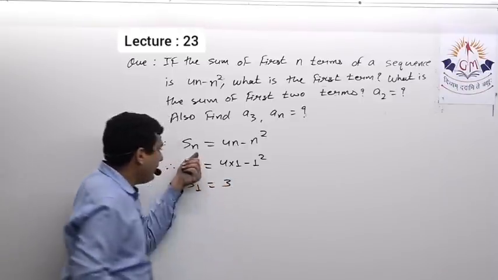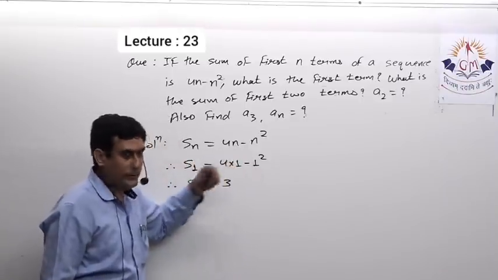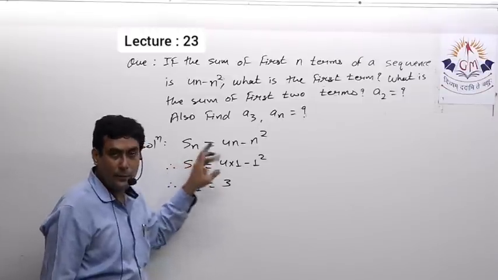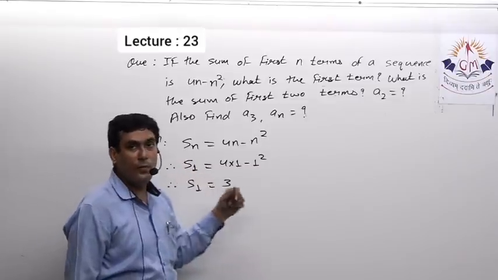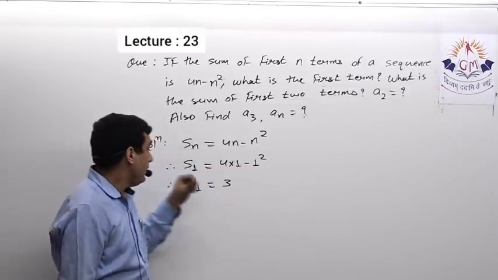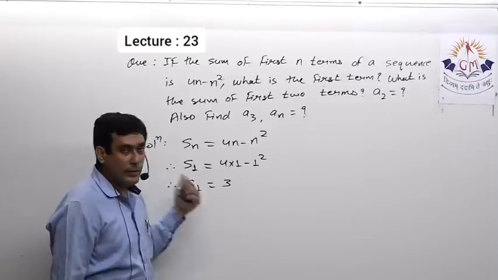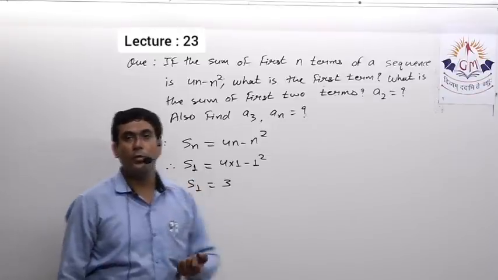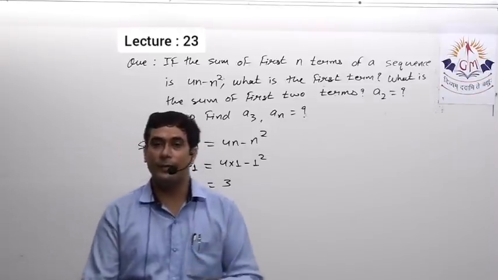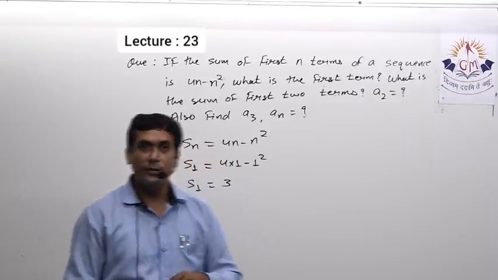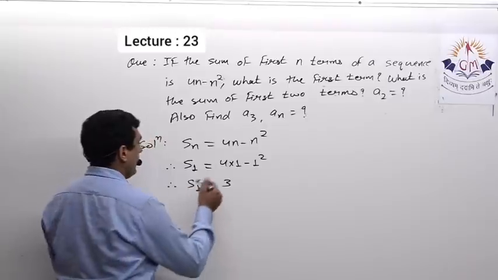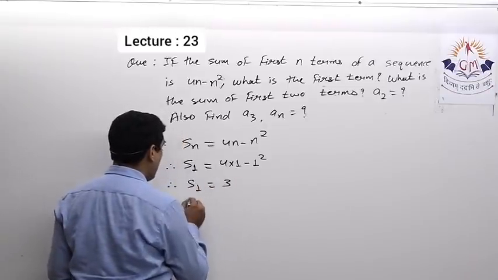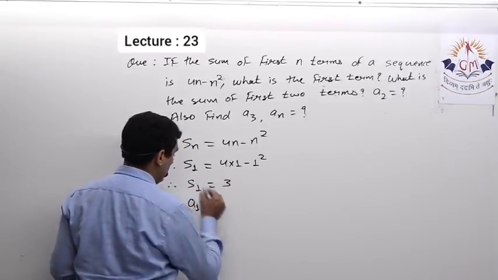Now see, when I say Sn it means sum of n terms. When I say S3, that means sum of first 3 terms. When I say S7 it means sum of first 7 terms. Similarly, when I say S1, it means sum of one term. What is the meaning of sum of one term? That means the first term itself. So here S1 is 3, therefore I can say a1 is equal to 3.